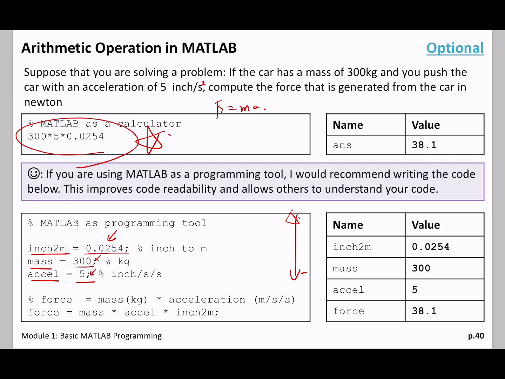You can put a comment, for example, this is inch to meter, a unit conversion. So the variable explains what value is inside, and you can easily understand your process. Then to compute the force, you use the variables like this.